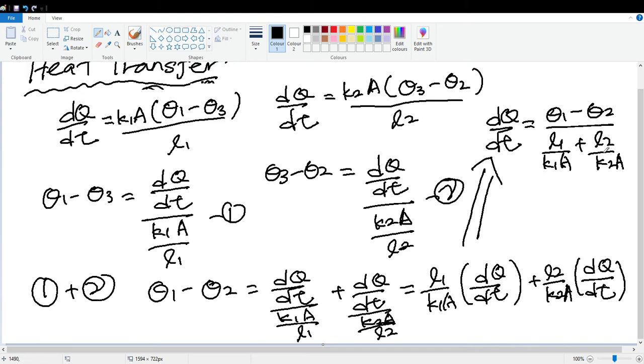So what I get in this equation is actually the total rate of heat flow between object 1 and rod 1, and, how should I say, the rate of heat flow involving all the objects and the rods. So that's it.